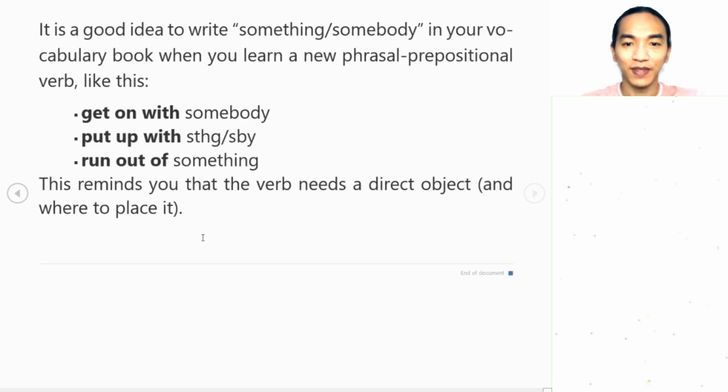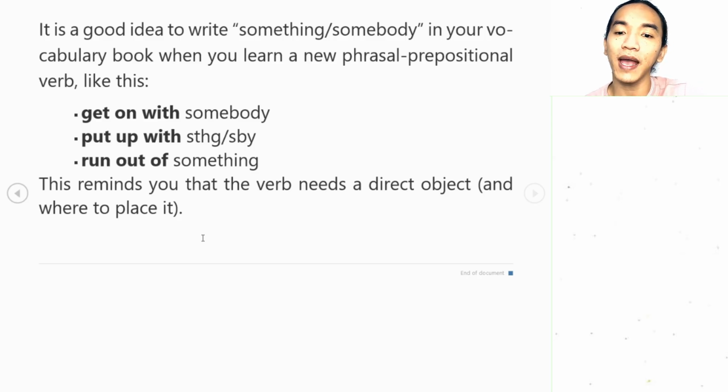Lastly, it is a good idea to write something or somebody in your vocabulary book when you learn a phrasal prepositional verb. For example, get on with somebody, put up with something or somebody, run out of something. This is so you know if your phrasal verbs require a person or a thing after them.